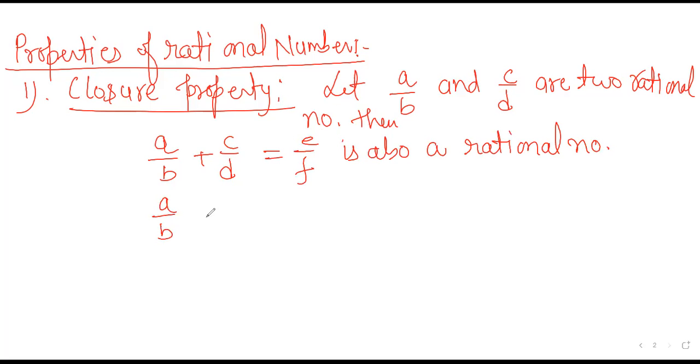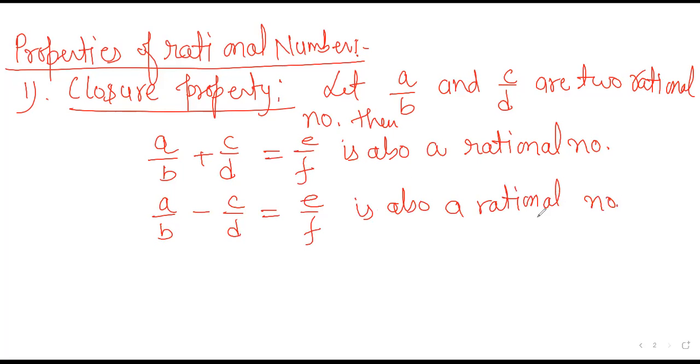Same thing, if you subtract both the rational numbers, definitely you will get something which is also a rational number. Similarly, if you multiply, you will get a rational number.